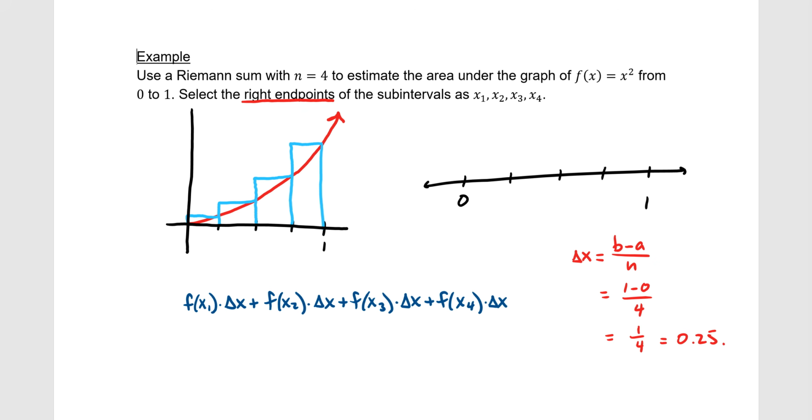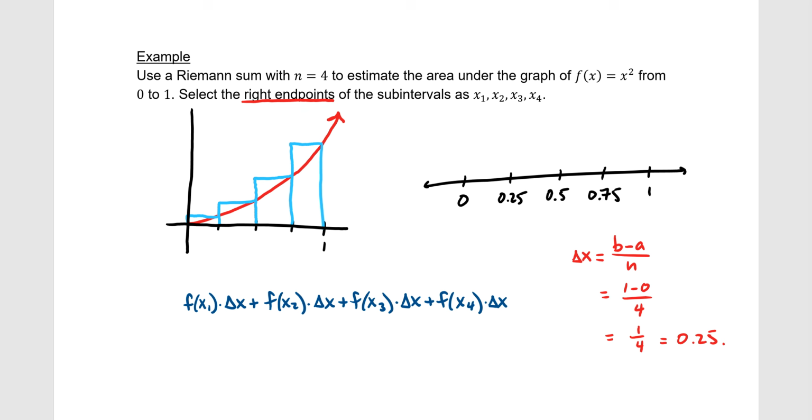So that means we're going to be adding 0.25 over and over again. Adding 0.25, we get 0.25. Add another 0.25, that's 0.5. Add another one, 0.75. And add the last one, that gets us to our endpoint of 1. Okay, so we have 4 equally sized intervals now that are going to represent the x's for our rectangles.